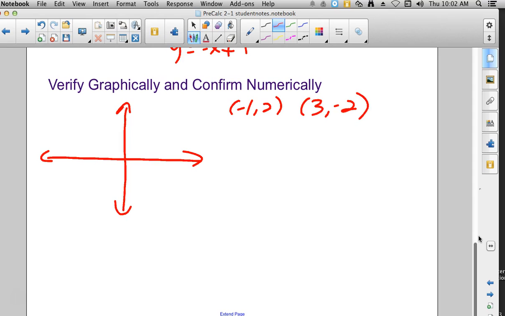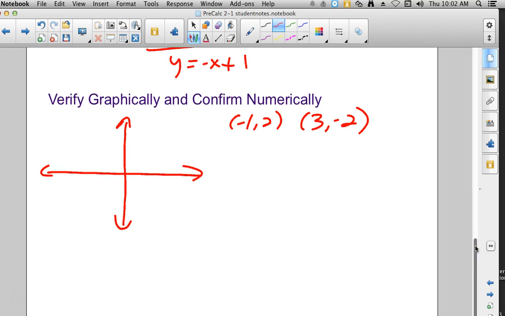Because if we just make this by hand, we probably aren't going to see all the points unless we're very careful. Usually by hand our intervals will be a little bit off.